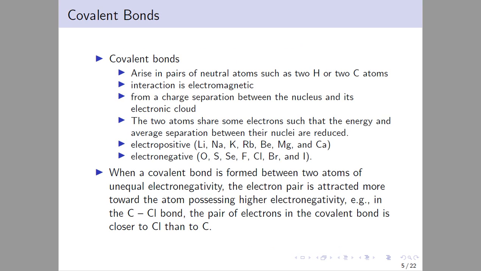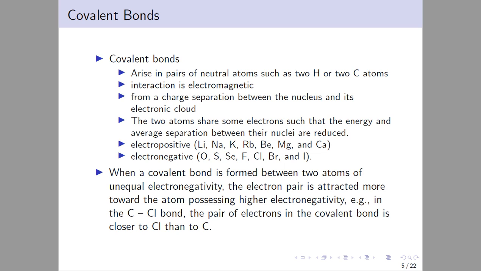Next we see the covalent bond. Covalent bonds arise in a pair of neutral atoms such as 2 H or 2 C atoms. The interaction is electromagnetic. Electrons form a charge separation between the nucleus and its electronic cloud. The two atoms share some electrons such that the energy and average separation between their nuclei are reduced.